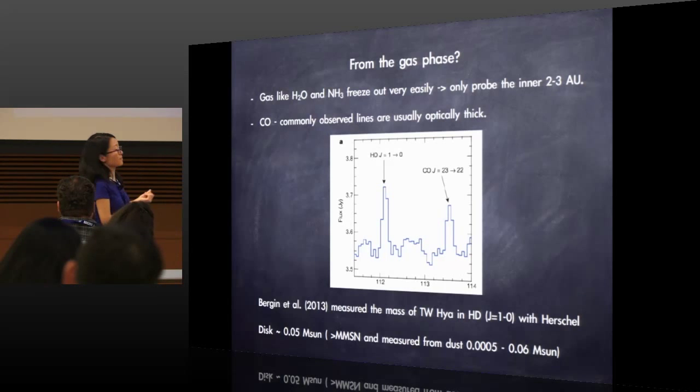However, this example told us it's important to measure the disk mass from the gas phase, because the mass they found was actually heavier than what people typically find from dust emission. And it's also way more massive than the minimum mass solar nebula.